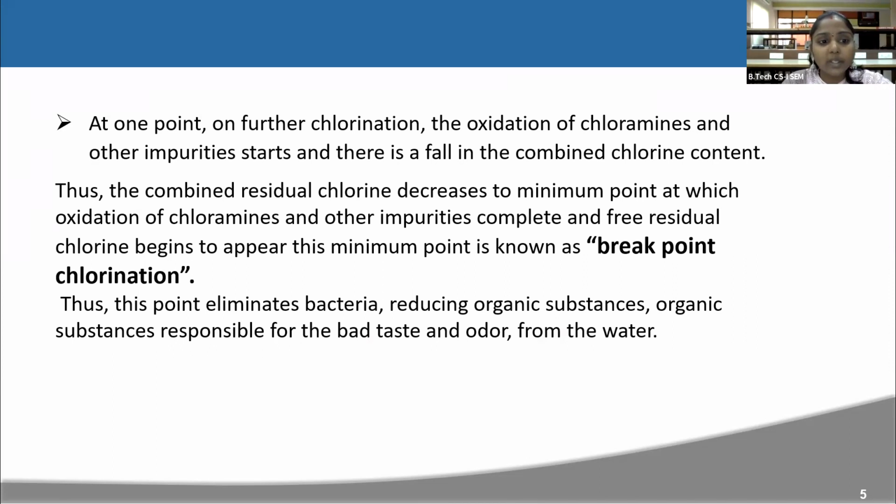The combined chlorine level is calculated by subtracting the free chlorine from the total chlorine in the pool. So combined chlorine we can indicate as Cc, the free chlorine as Fc, and the total chlorine as Tc.